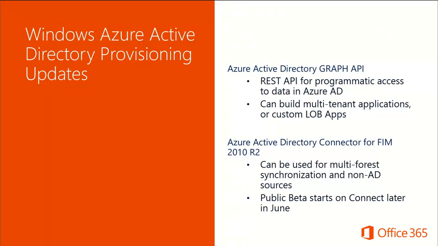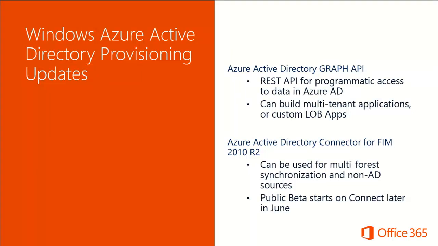So we've talked about these two new things that we've got, password sync and DirSync, and we also talked about the active authentication from Windows Azure Active Directory. A couple of other things which are not quite as new as those two things are the ability to use the Graph API to access your Windows Azure Active Directory.